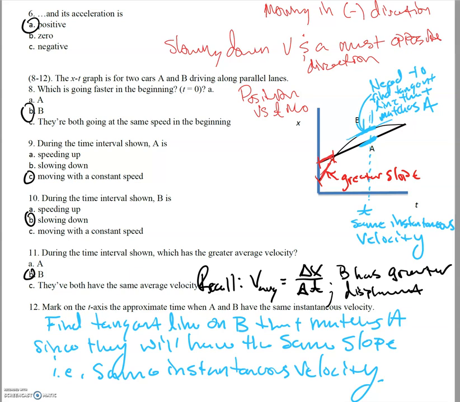For 10, during the time interval shown, B is what? So the position, we have this curved position. So again, what did I say back up at 1 through 4? If we have a curved position versus time graph, we know we have an acceleration. So if we have an acceleration, we must be either speeding up or slowing down. So for this, what's happening to the slope as we move up?